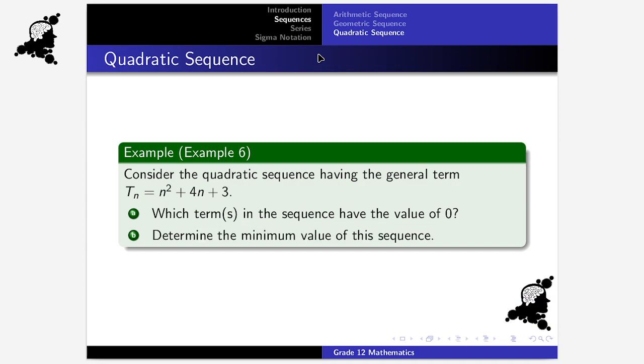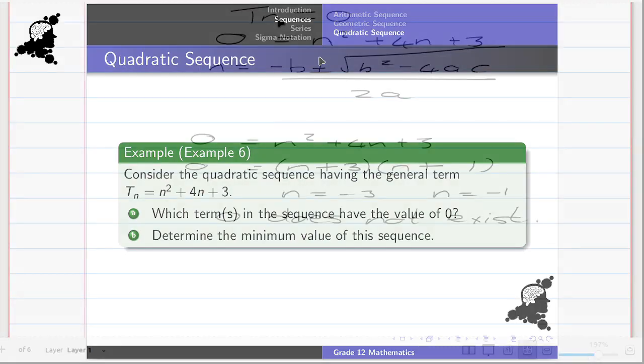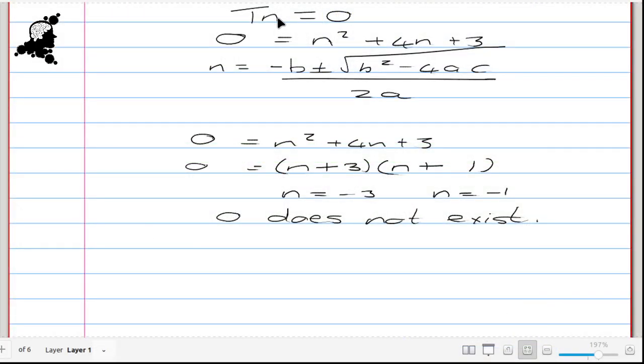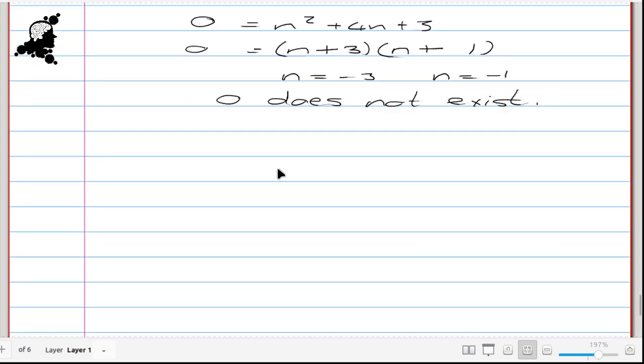Determine the minimum value of the sequence. All right, once again, the value of a is positive, so indeed we do have a minimum. Or let me say we potentially have a minimum. So because the value of a is positive, we have a minimum. So n is equal to -b over 2a.